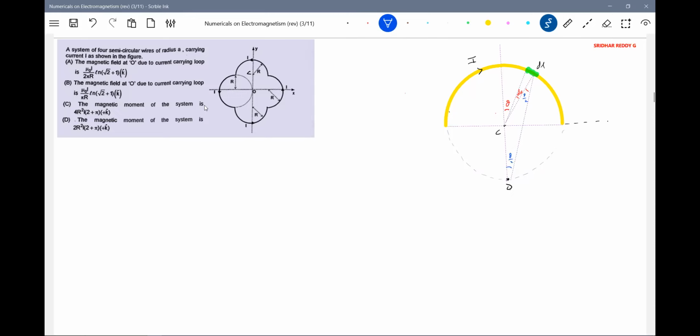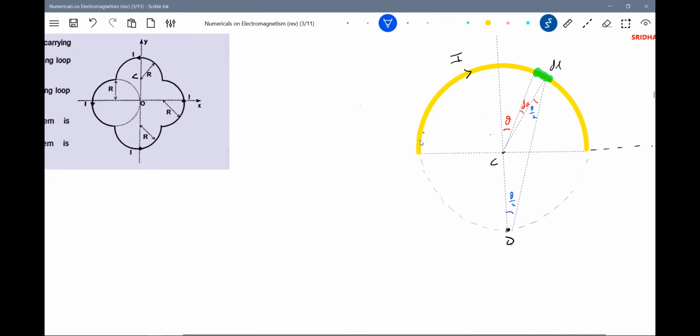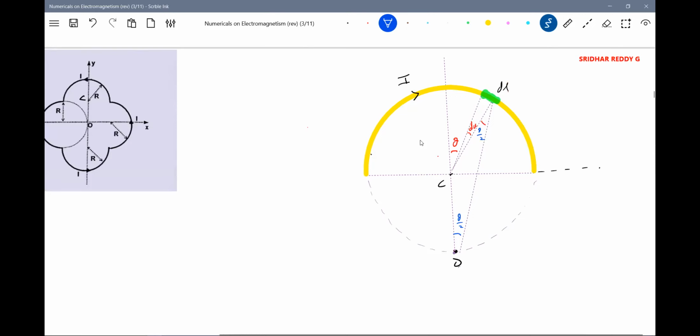I'll magnify the diagram so you can see this. Just simple mathematics is there. Now, what is R? This is the R bar, the position vector from point A to O.